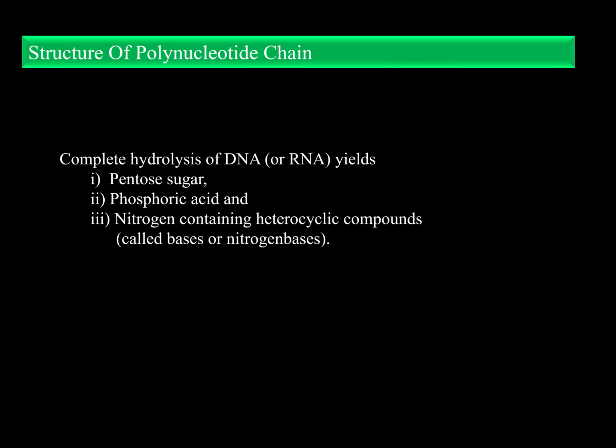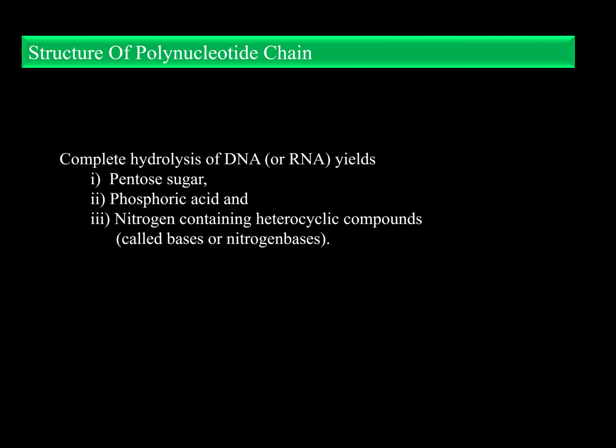Now let us understand the structure of a nucleotide chain. When DNA or RNA is completely hydrolyzed, it gives three compounds: first a pentose sugar, second phosphoric acid, and third a nitrogen-containing heterocyclic compound called a nitrogen base.